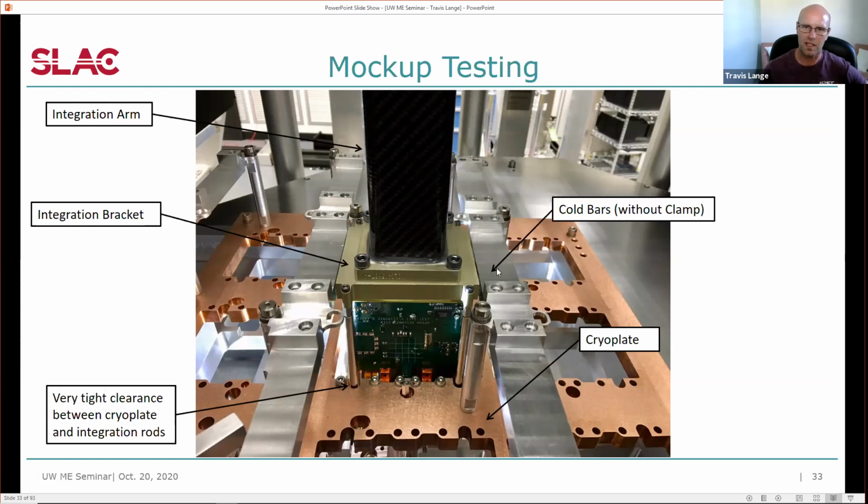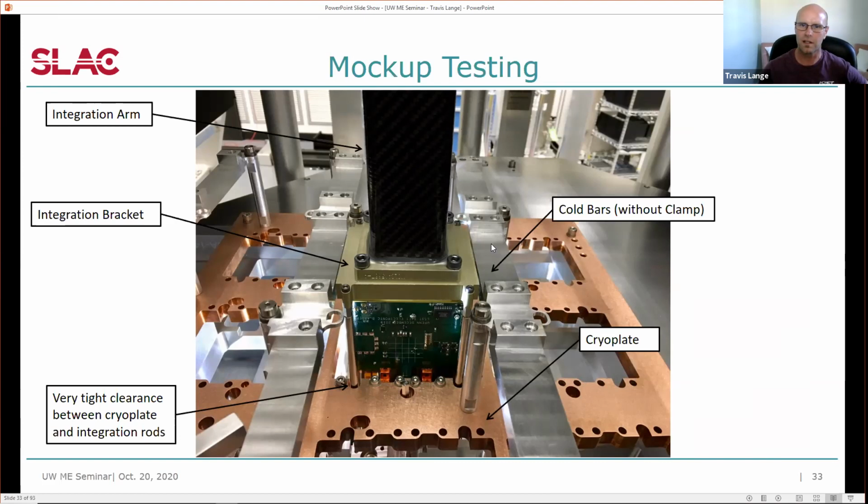Higher up in Z is this cold bar. So the cold bar is another aperture that we had to watch out for. You can see that very tight clearance to the cold bar as well. It's again about 1 millimeter of clearance between this part as it comes past this cold bar, which is part of the fixed cryostat.